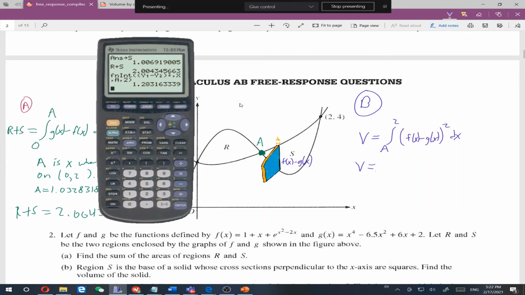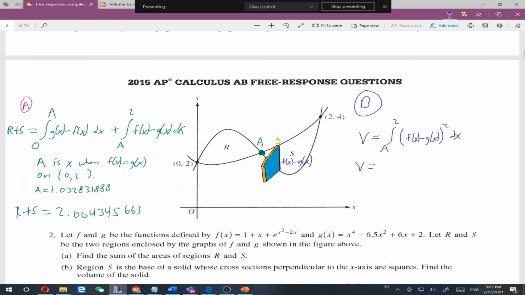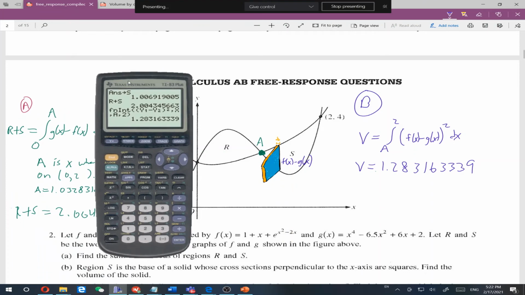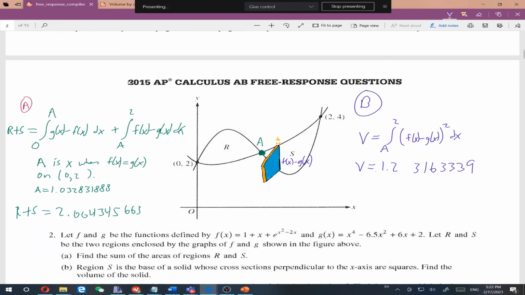Okay, it is 1.283. Redraw that 8 really quick. Alright.